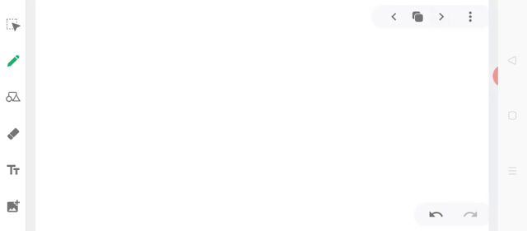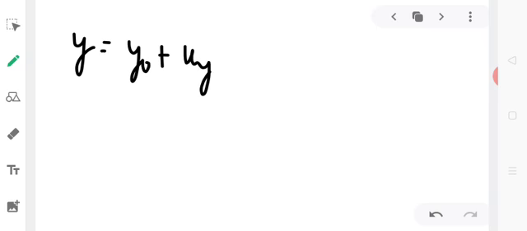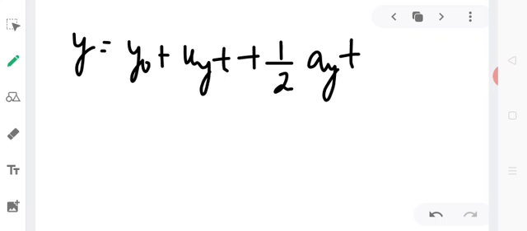So now we can write down y equal to y naught plus uy t plus half ay t square.